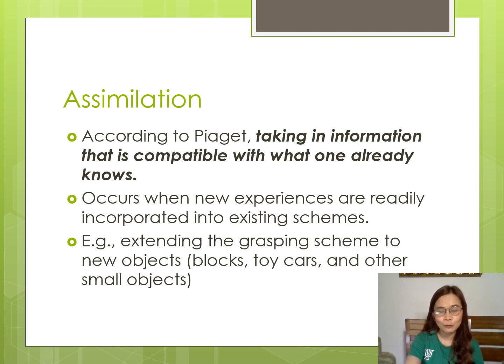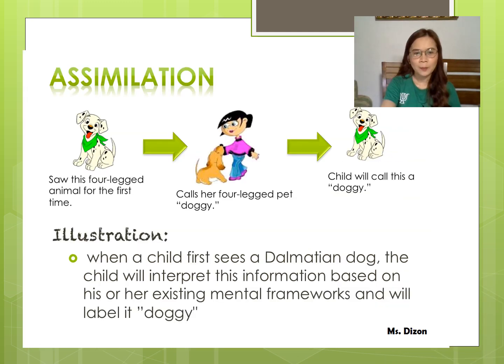Now, let's take a look dun sa accommodation. But before that, tingnan muna natin tong example ng assimilation. So here we have a puppy. A child saw this four-legged animal for the first time, and tinawag niya itong four-legged pet doggy. And then kapag nakakita siya ng similar na animal na merong four legs that walks on land, tatawagin niya rin itong doggy.